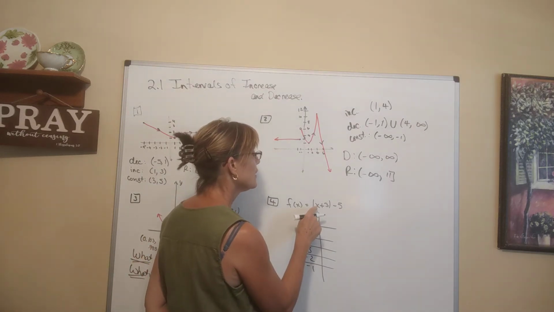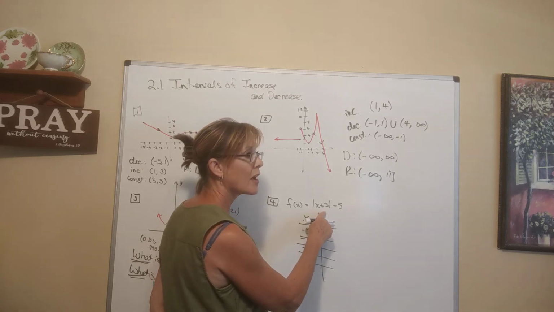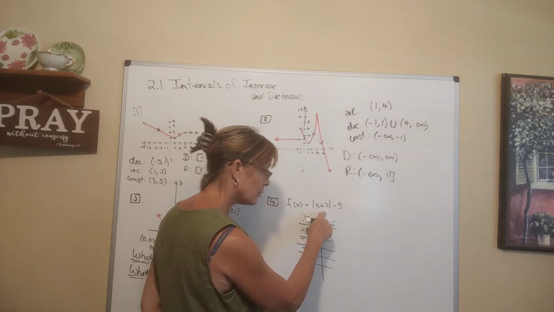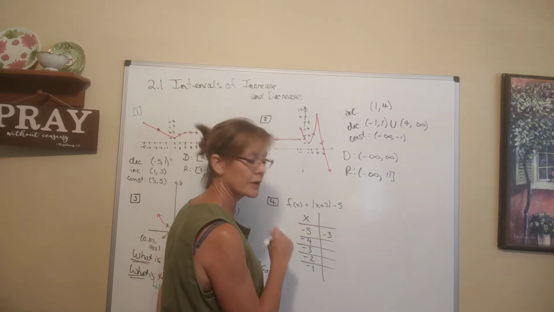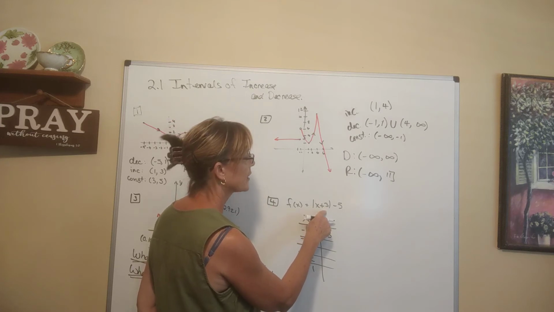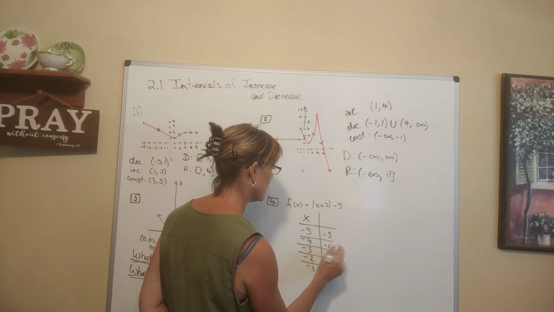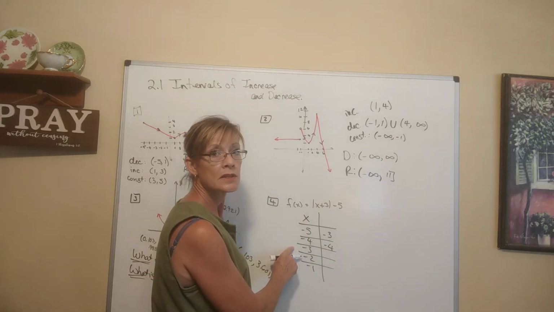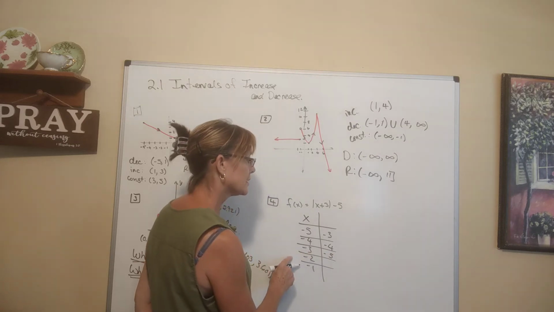So let's put in -5, see what happens. -5 plus 3 is -2. The absolute value of -2 is 2. 2 minus 5, we get -3. -4 plus 3 is -1. The absolute value of -1 is 1. Minus 5 is -4. -3 plus 3 is 0. 0 minus 5 is -5. -2 plus 3 is 1.